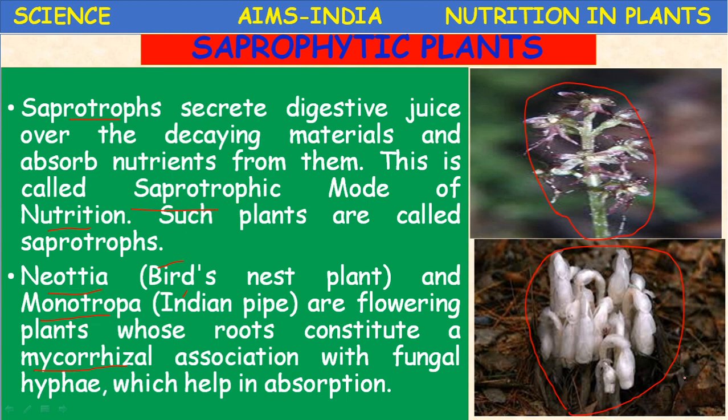The meaning of saprotrophic or saprophytic is absorbing liquid food materials. With the help of the mycorrhizal fungal hyphae, they absorb the nutrients from the soil where they grow.